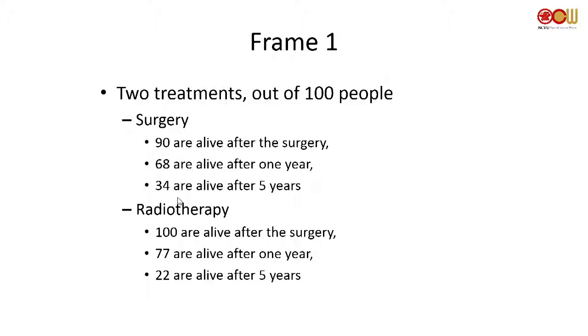You have a very good friend, and unfortunately your friend is diagnosed with some cancer. And there are two therapies, and you have to help him or her decide which treatment he or she should take. There is a surgery treatment, and there is a radiotherapy. And these are the results, the consequences of the two treatments.